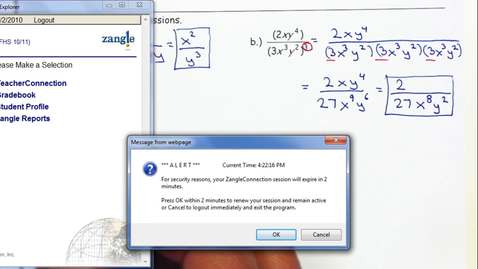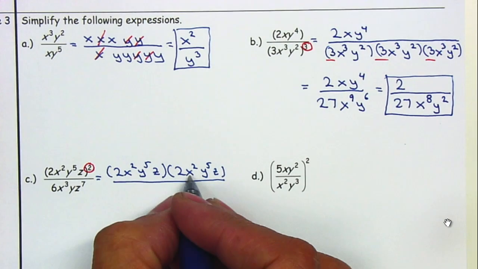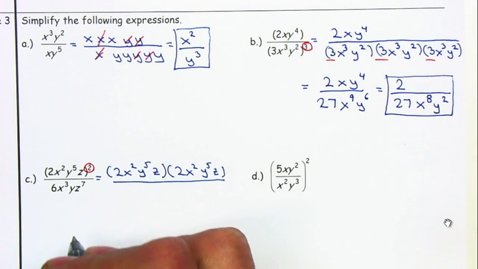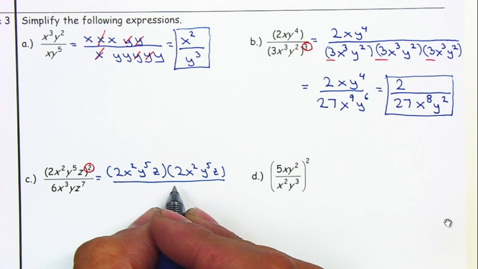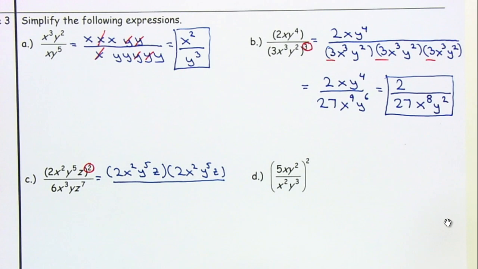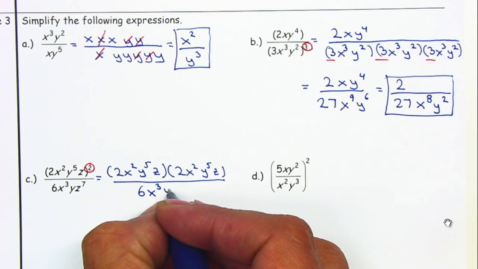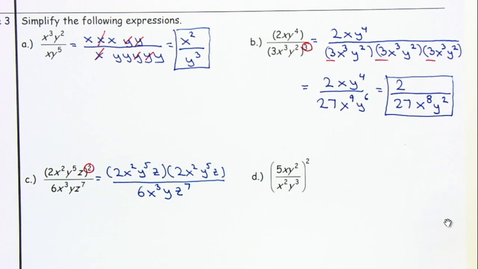If you don't rewrite it twice and you just simplify it, you will not get credit. Every time there's an exponent outside, you must expand it. Underneath, I just have 6x to the 3rd y z to the 7th.